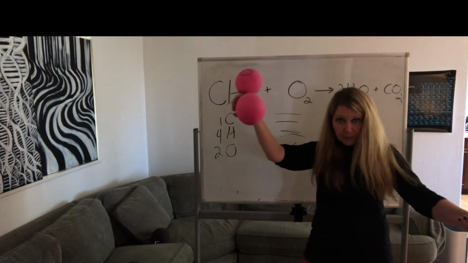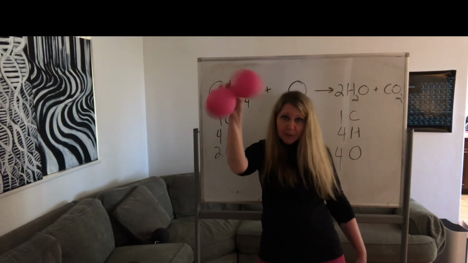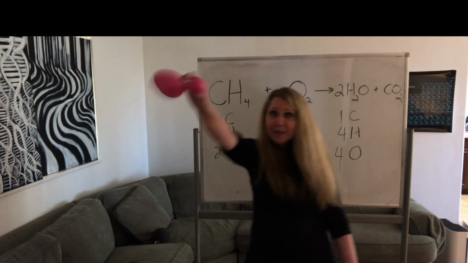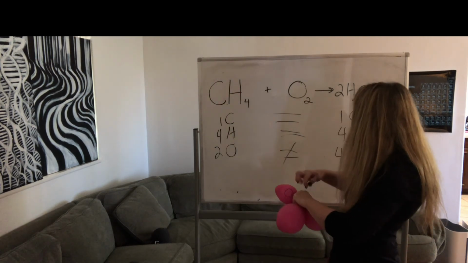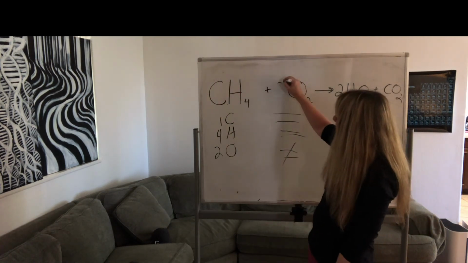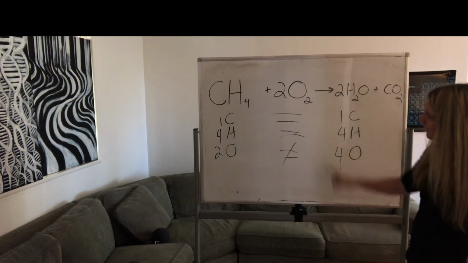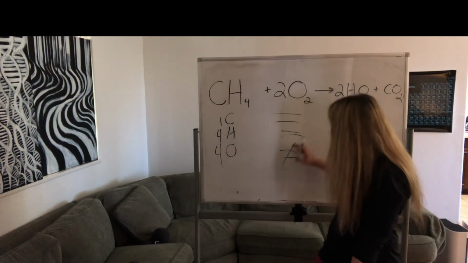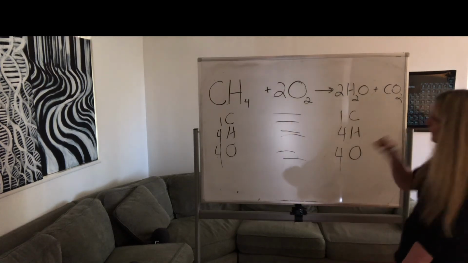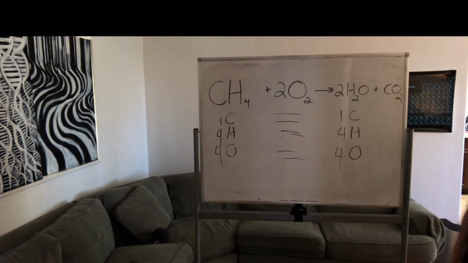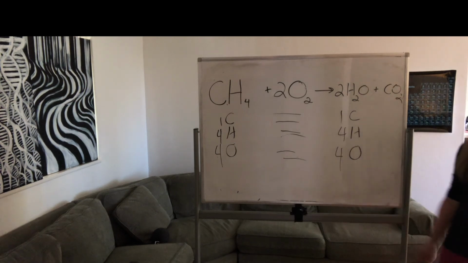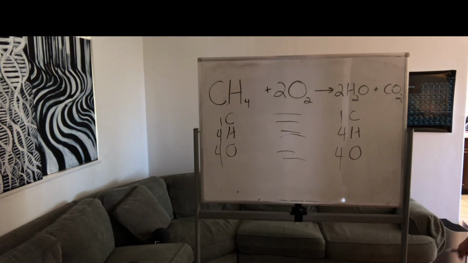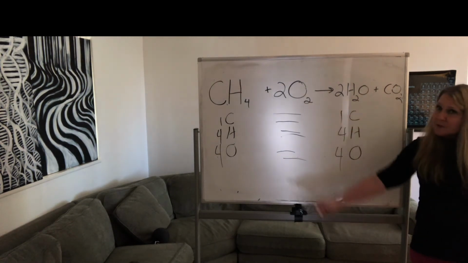So multiply times 2. So if we have 2 of these, if we put a 2 here, 2 times 2, we have 4 oxygens, and we're equal. So now this reaction is balanced. This is a balanced reaction.